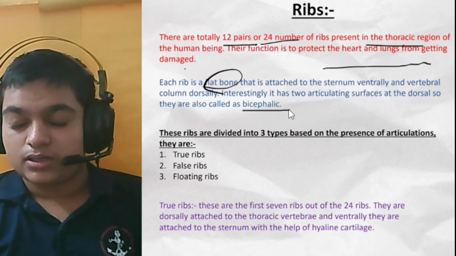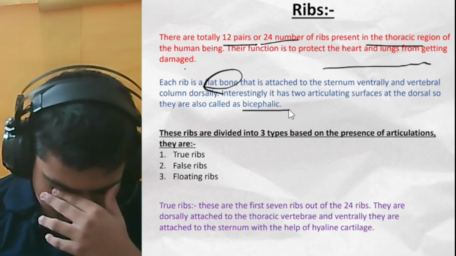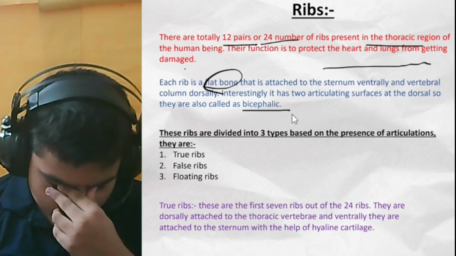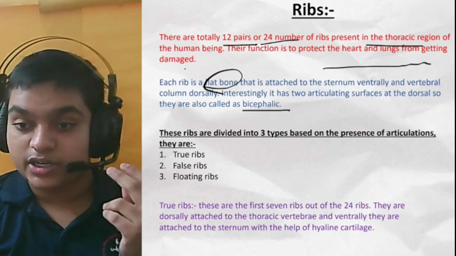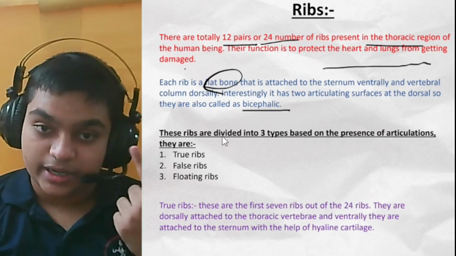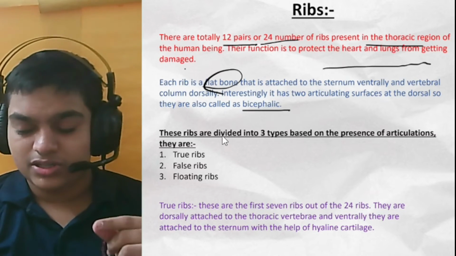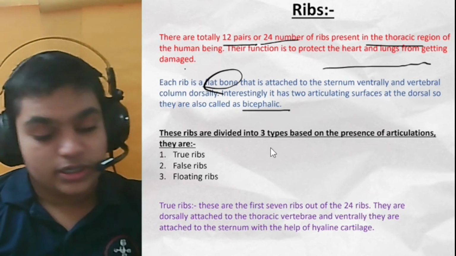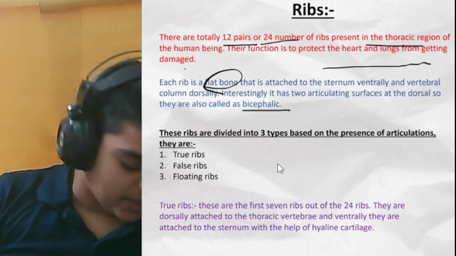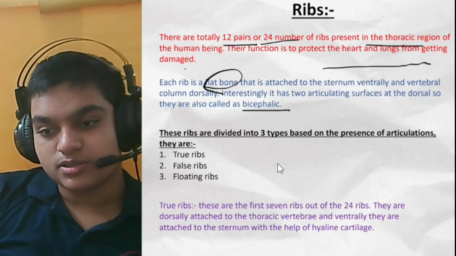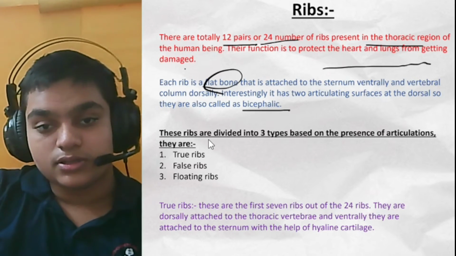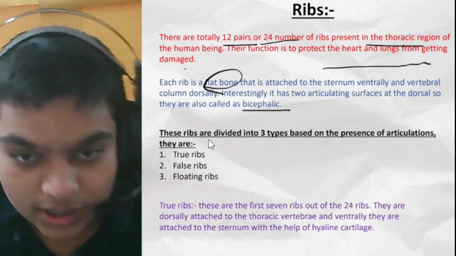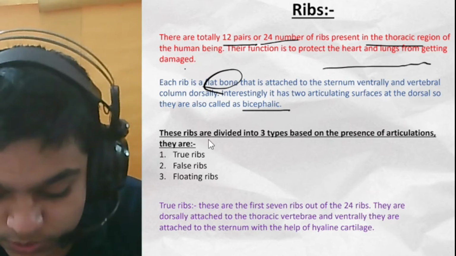One minute, let me think over it, and then I'll tell you at the end of the session. I forgot that name. In your NCERT it is also written, I hope. That is called bioccipital or something, I remember it. I'll tell you at the last when we come to the ribs.